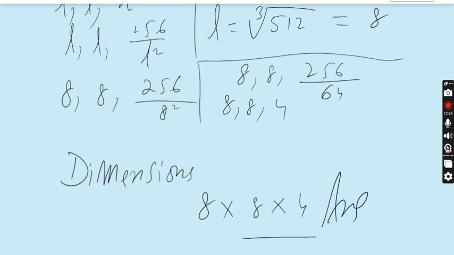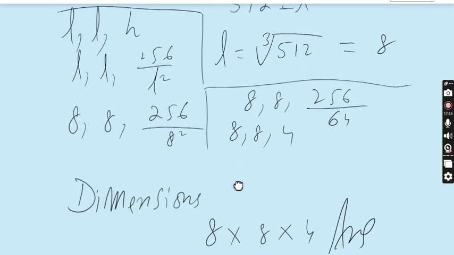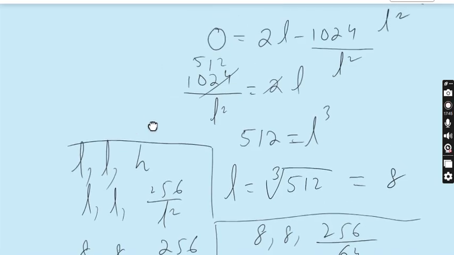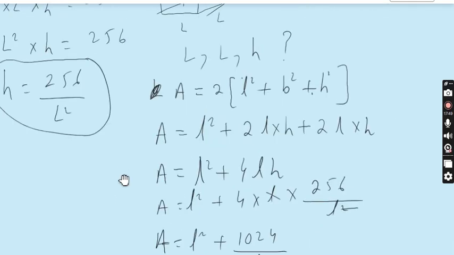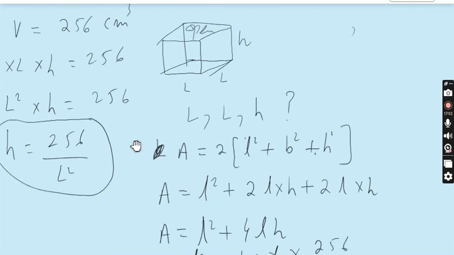So hope you understand. The main concept is to know the formula of the volume of cuboid, to know the formula of the surface area of cuboid, and to know the concept of open. Open means we will not take 2 with the L square because the area is not included.